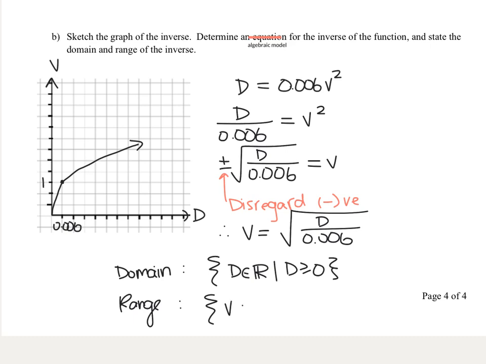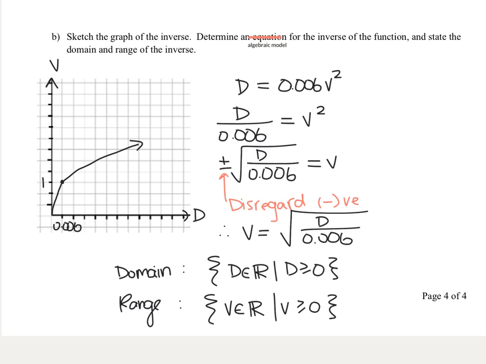And for the range, v is any real number such that stopping speed is greater than or equal to 0. So you can see that when it comes to word problems, don't switch the variables, okay? Just isolate for what used to be the independent variable, because now the independent and dependent variables, they switch, okay?